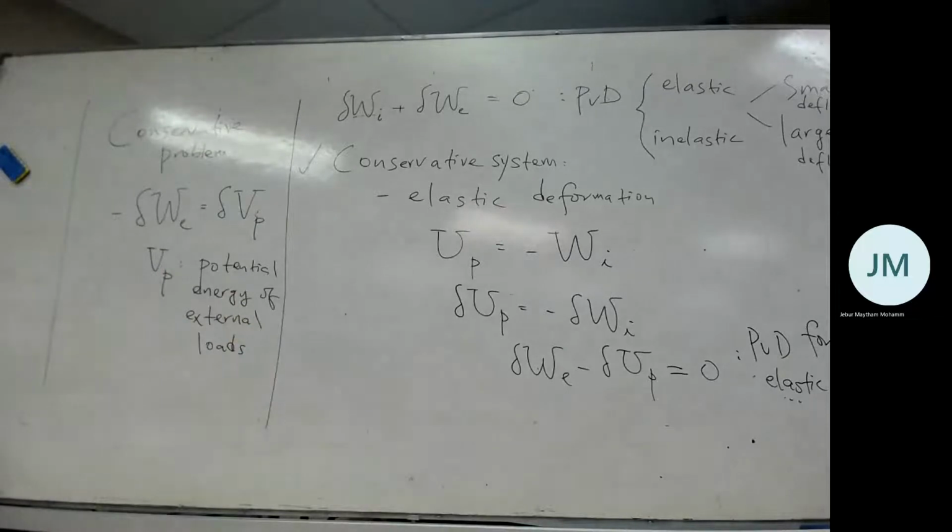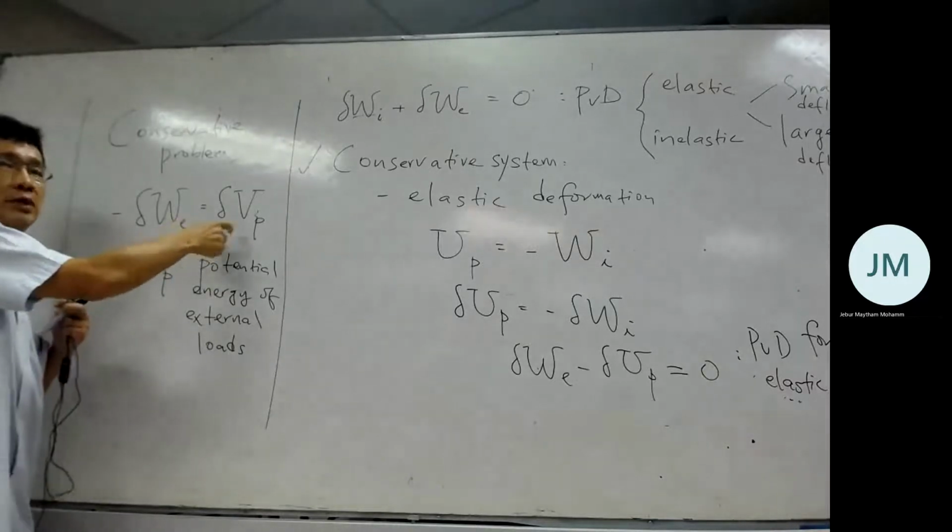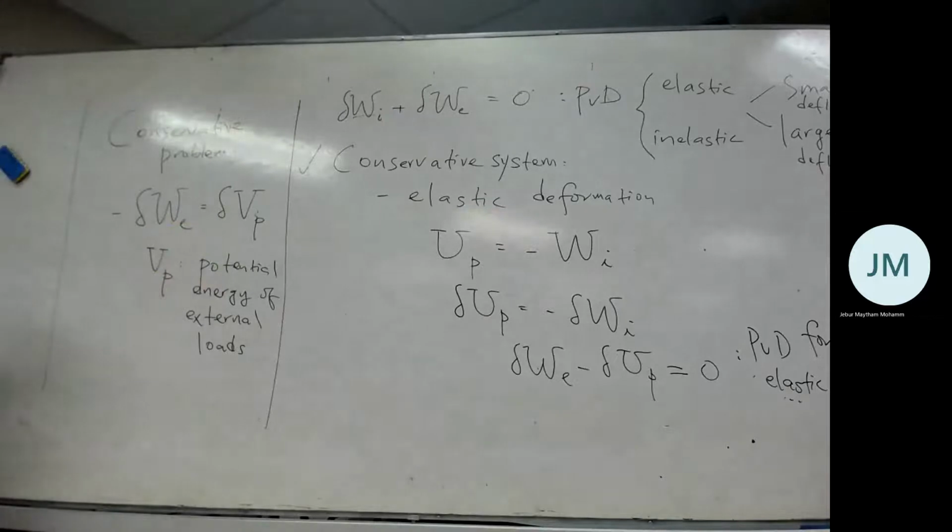So for conservative problems, we can relate this negative of delta WE, which is negative of the virtual work done by the external force, to be equal to delta Vp, where Vp is potential energy of external load.